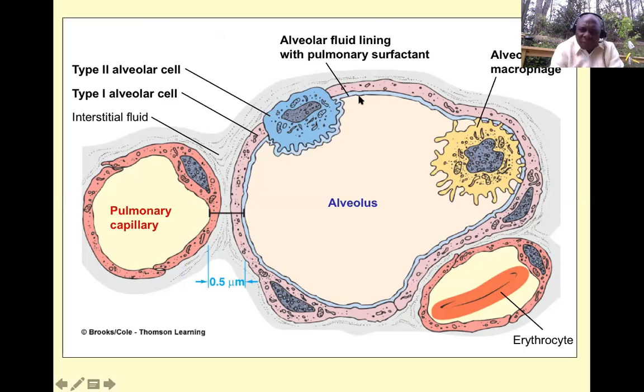So what exactly is the surfactant doing? In the absence of the surfactant, you have a water film consisting of water molecules.